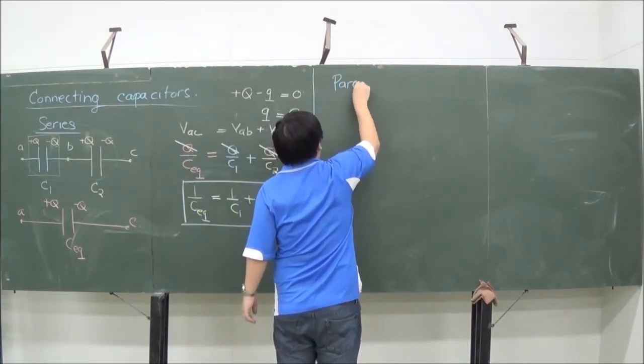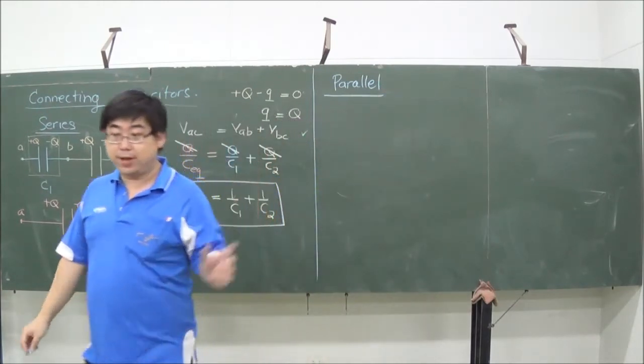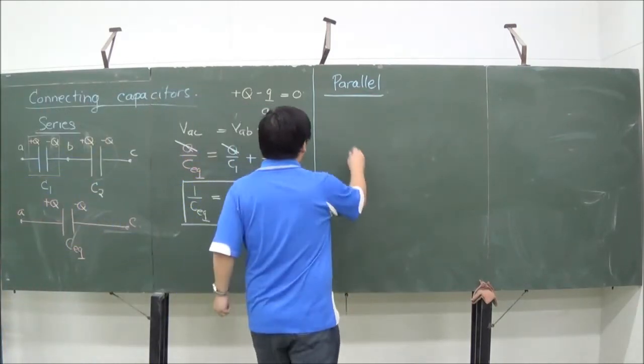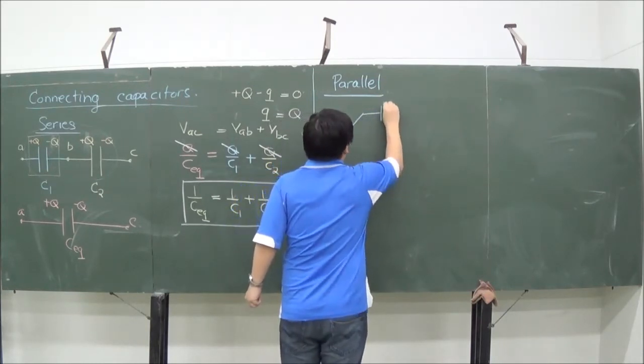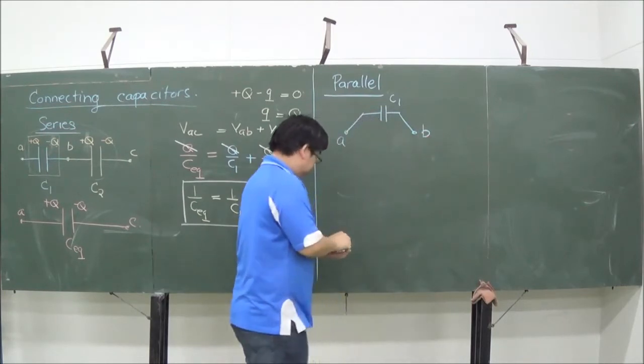Next, we connect these two capacitors in parallel. So when we connect these two capacitors in parallel, we have A, C1, and B here.